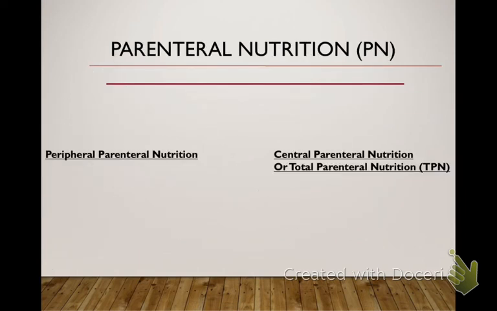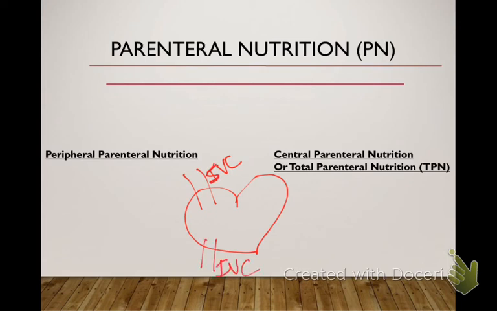All right. So when you're looking at the heart, you have the superior and inferior vena cava here. What they'll do is take this catheter, and I'm going to get to it more.